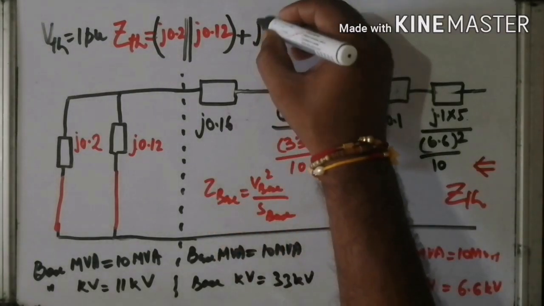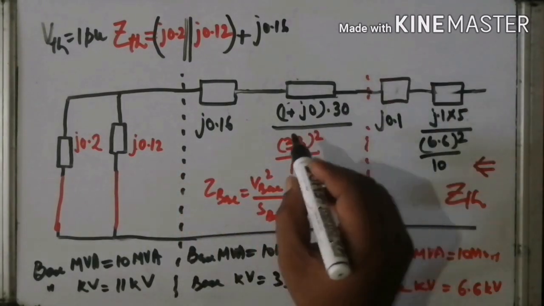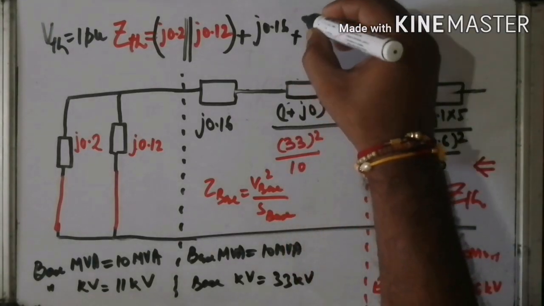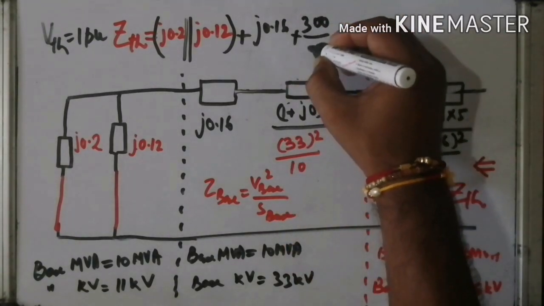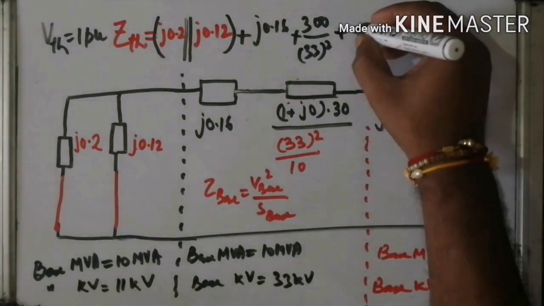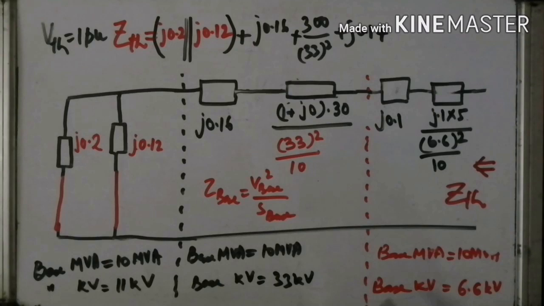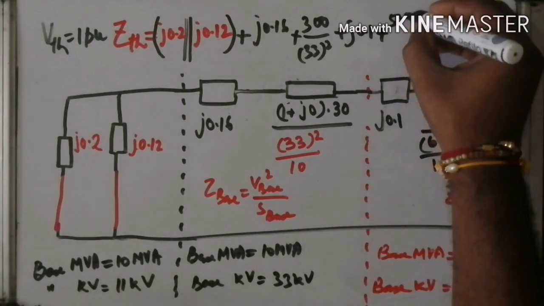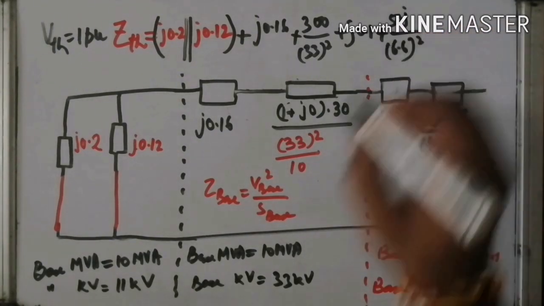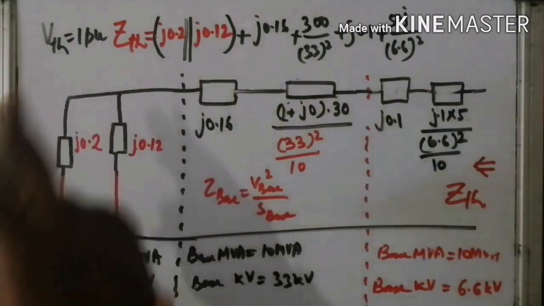So this one is J 0.16, this one plus this one, it becomes J 0.3, then 30 into 100, 300 divided by square of 33 plus J 0.1 plus this one, it is 50J divided by 6.6 whole square, right? With the help of this equation, we can calculate the value of ZTH.